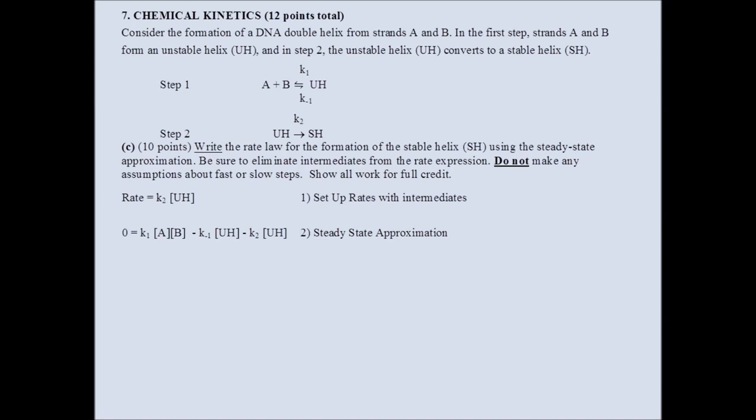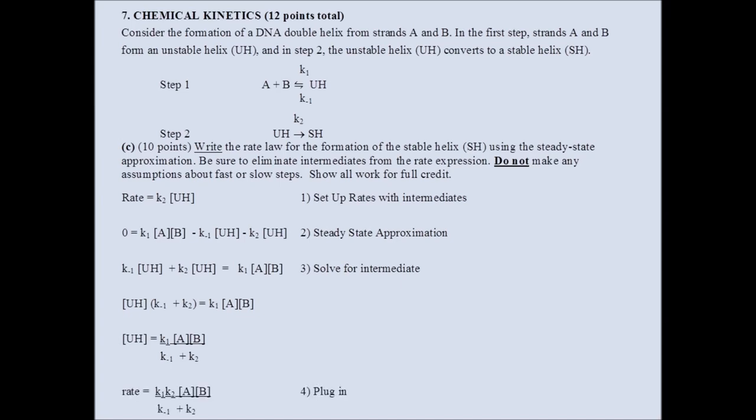And that's the setup of our steady state approximation. Now, at this point, what we can do is a series of algebraic things to solve for the intermediate, and we get a value that's in terms of things that aren't intermediate and in terms of the rate constants. We take that back to step 1 and plug it in for the value of the concentration of the unstable helix, and now we have our rate.